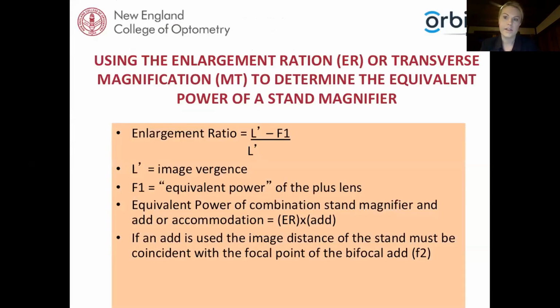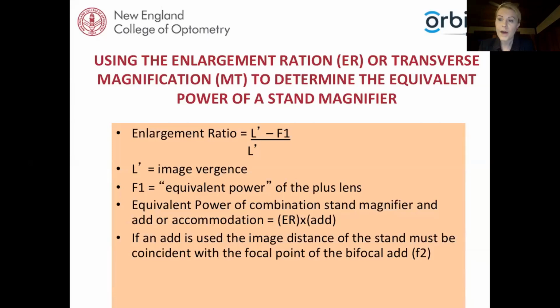Stand magnifiers aren't as simple as locating the 8 diopter stand magnifier the way we did for a handheld magnifier and prescribing. For a stand magnifier, we have to consider something called the enlargement ratio. And this is a ratio between the difference in the emerging vergence and the power of the lens over the emerging vergence.